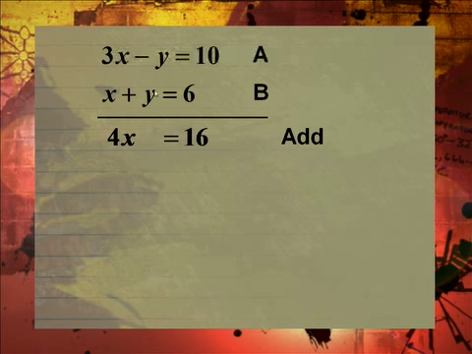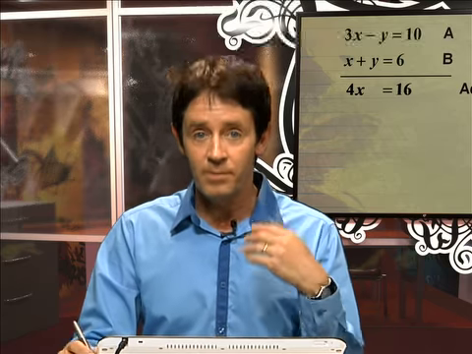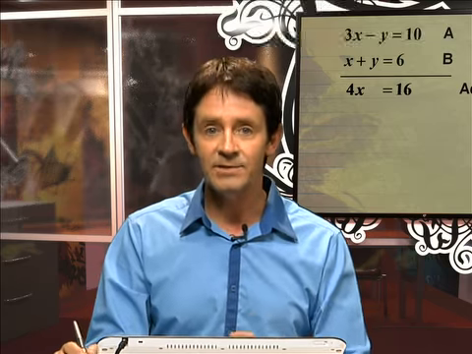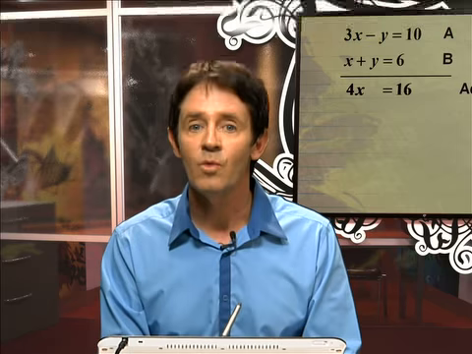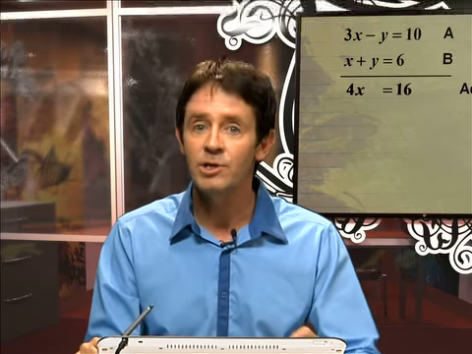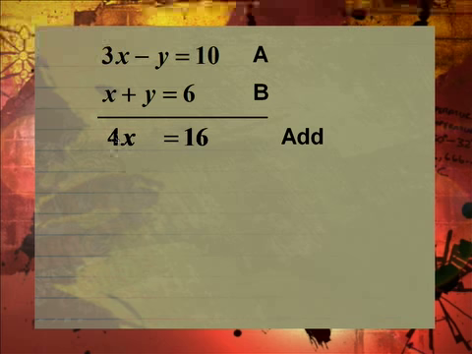Now what's nice about that, they call it the method of elimination, is that if you've got a positive y and a negative y, if the y's are the same and their signs are different, well, then we can eliminate one of the variables. Now that's beautiful because it's easy now to solve x. So all you did is call the one equation A, the other one B, and you add down.